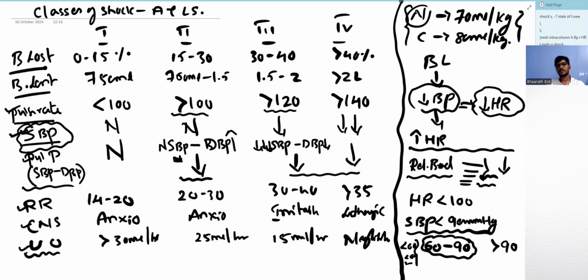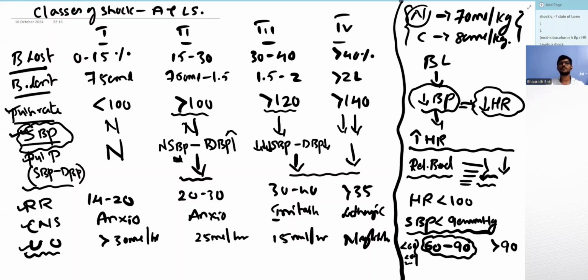Now, when you resuscitate the patient, the urine output increasing only means that the kidney is well perfused. That's all. Because what is happening is that the blood from the skin, subcutaneous tissue, muscle and splanchnic circulation is already diverted to the liver, brain, and kidney, and there is already compensation from those. Apart from that, when you give fluid, it only means that the renal perfusion is improved. But at this point, the muscle is still underperfused.